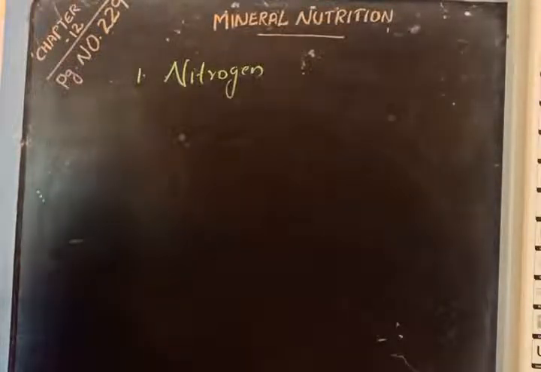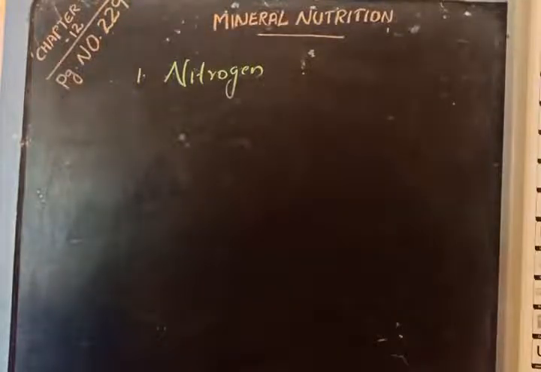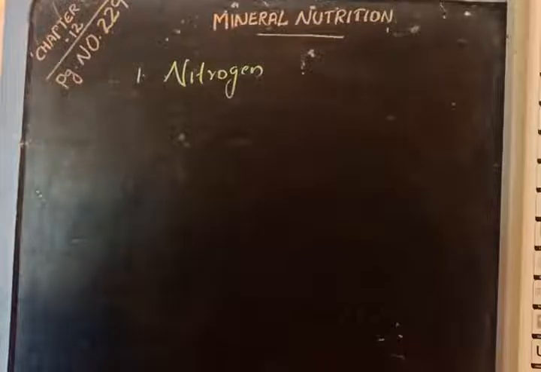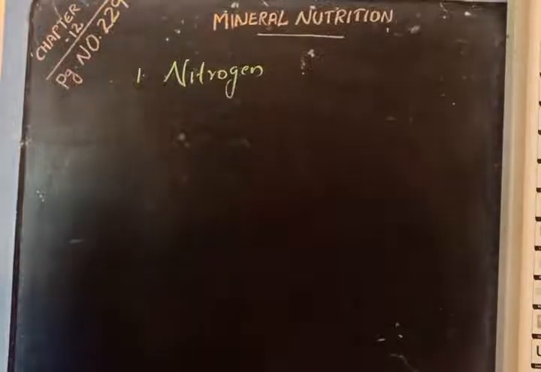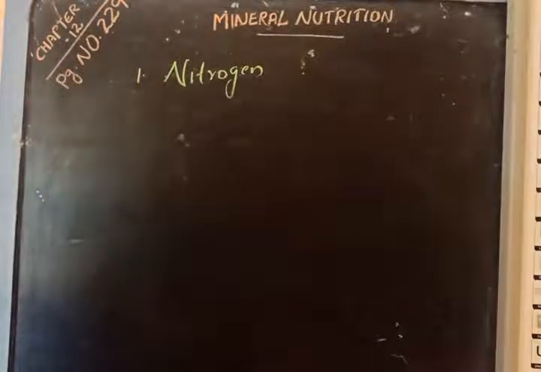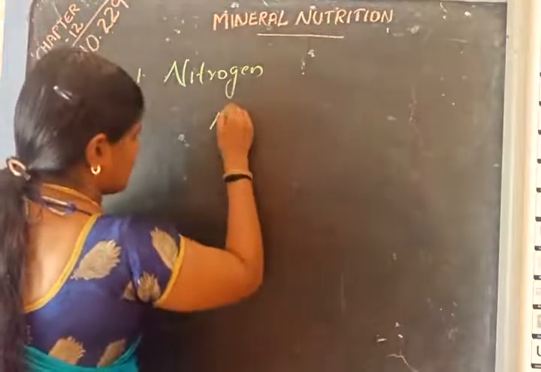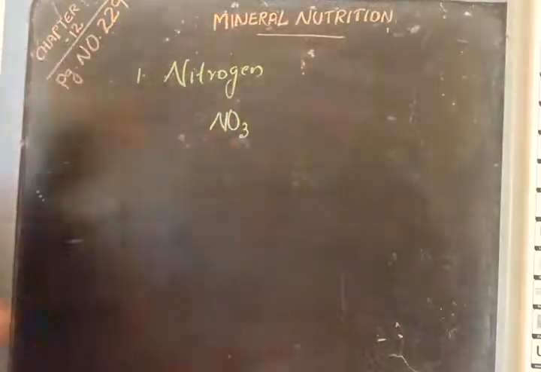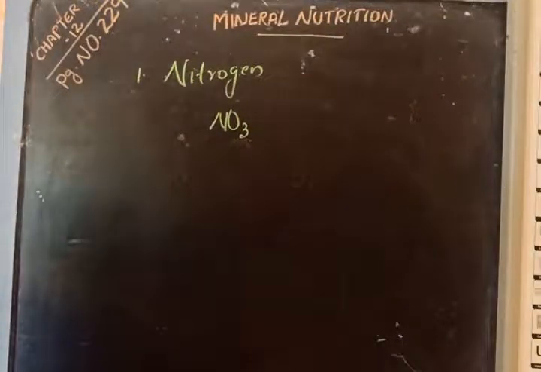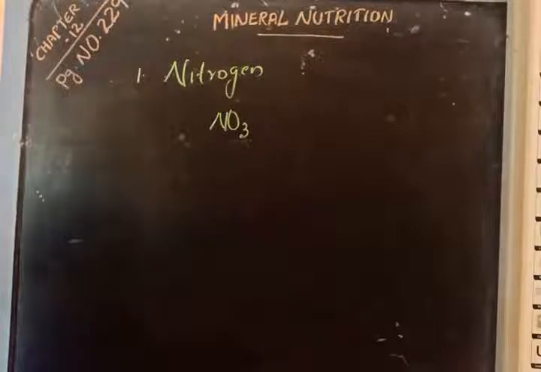Nitrogen is a structural constituent, one of the structural component minerals we already mentioned. It is an essential component of protein, nucleic acid, amino acid, vitamins, hormones, alkaloids, chlorophyll and cytochrome. It is absorbed by the plants in nitrate form. The deficiency symptoms are chlorosis, stunted growth and anthocyanin formation. These are the deficiency symptoms of nitrogen.